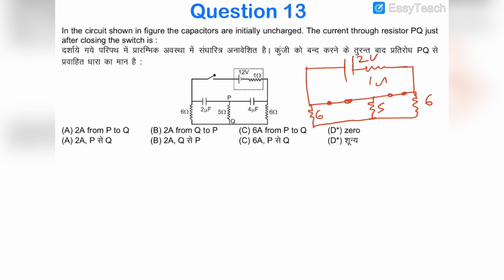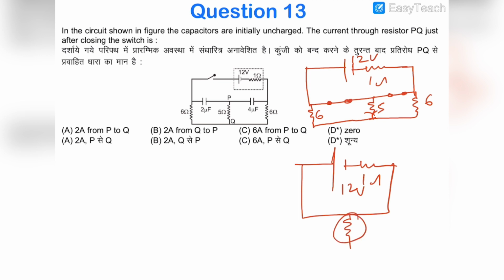Okay, so we have to find out the current flowing through this one. So you can see that obviously these three are in parallel, and if you draw this connection, then it would be something like that. This is 1 ohm and this is 12 volt. So it would be like that. So this is the equivalent resistance of these three.